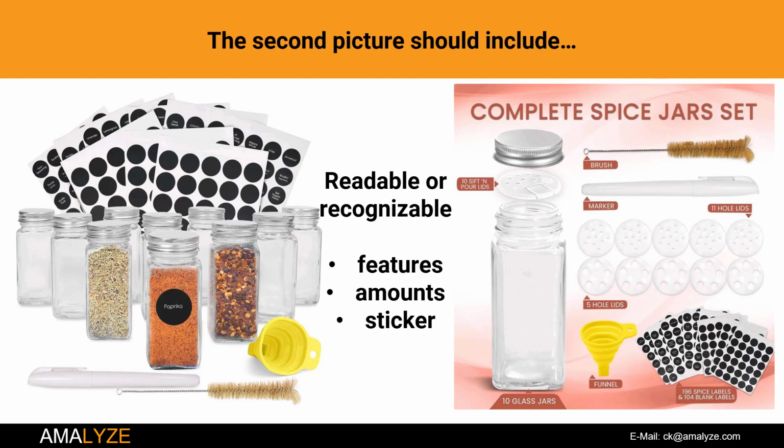Also maybe the funnel, you will not understand how it works, how big it is, or that you can make it really, really small, of course, to a little feature. Make sure your features, your amounts of products, stickers or classes are recognizable, readable and understandable.